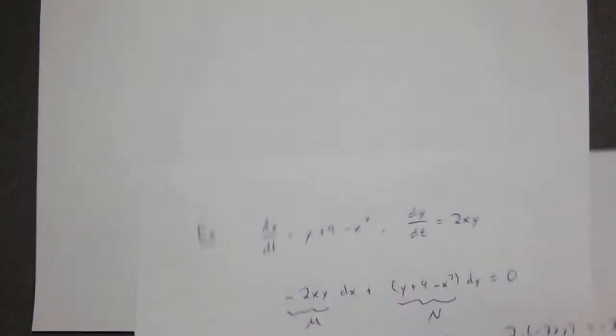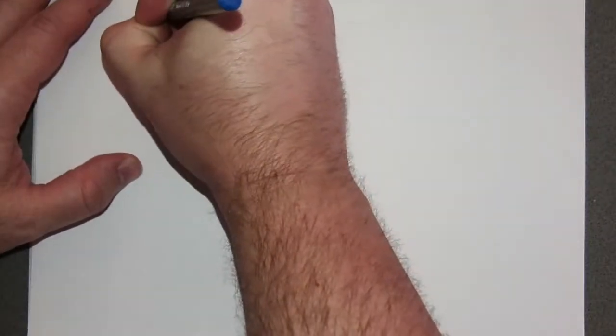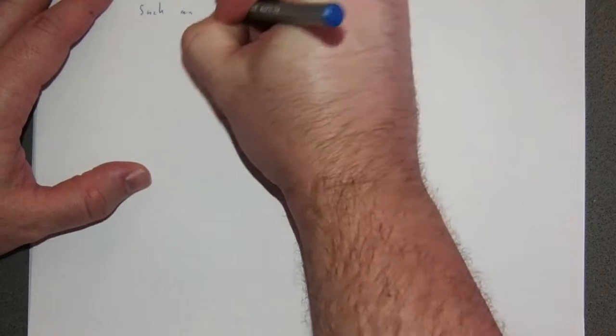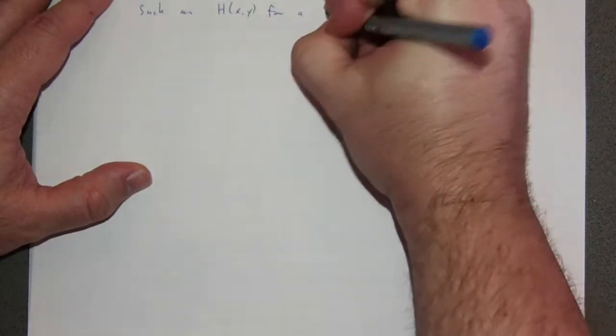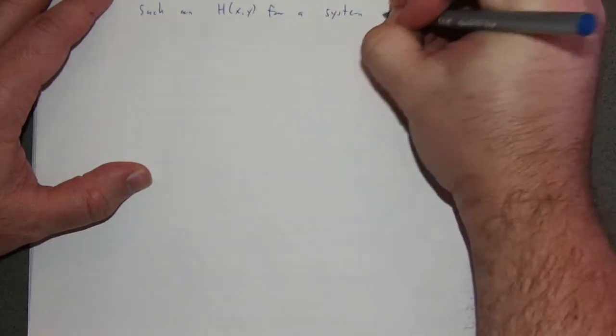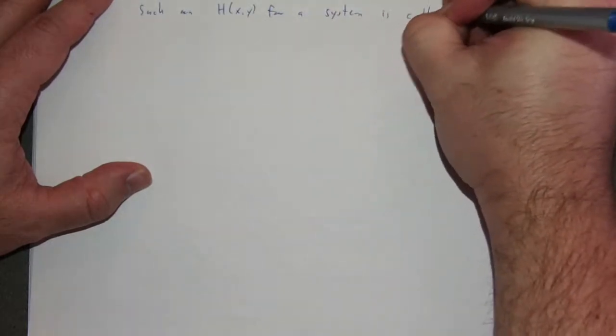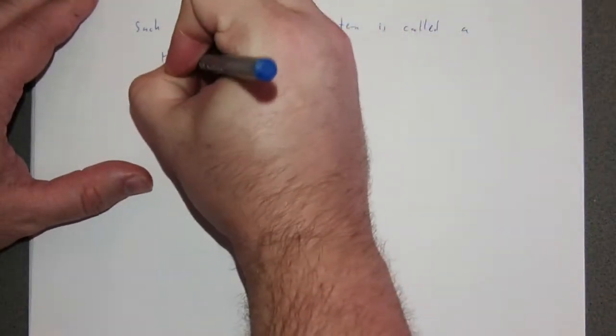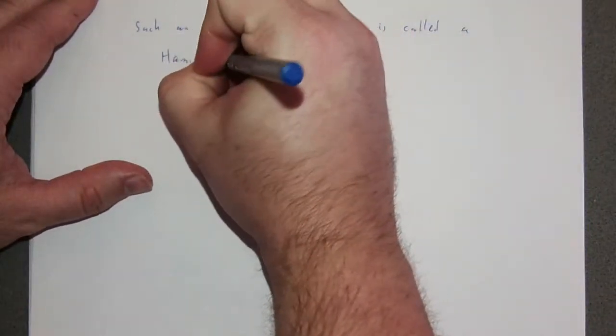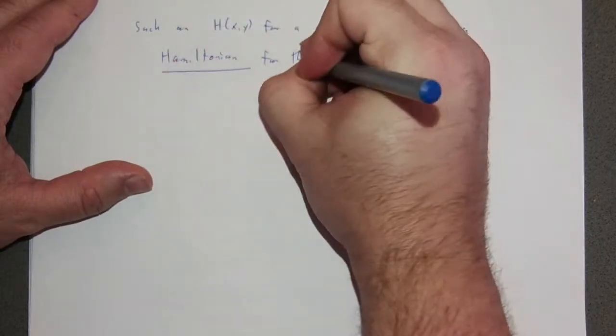So an h of xy for a system is called a Hamiltonian for the system.